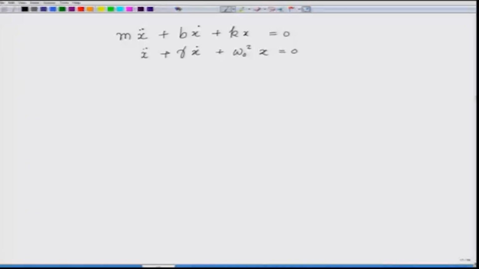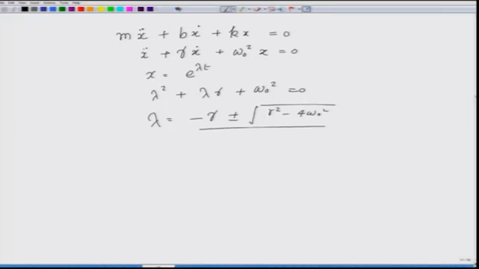And in this case, when I take x equals some e raised to lambda t, I get lambda square plus lambda gamma plus omega 0 square is equal to 0, or lambda comes out to be minus gamma plus or minus square root of gamma square minus 4 omega 0 square whole thing divided by 2, which comes out to be minus gamma by 2 plus or minus square root of gamma square by 4 minus omega 0 square.